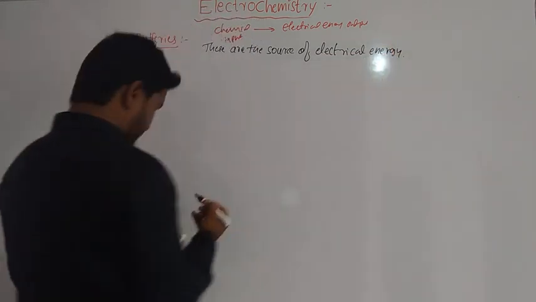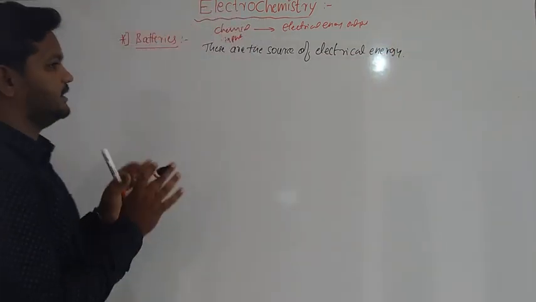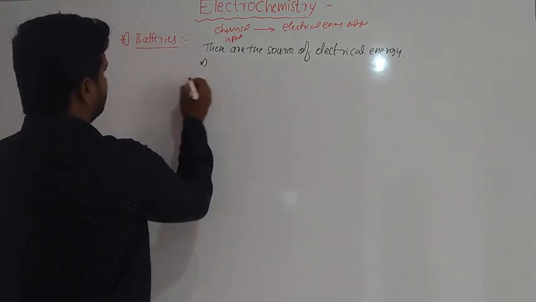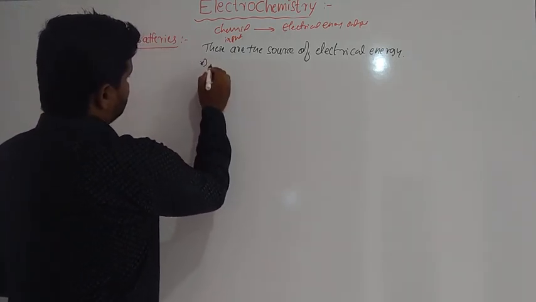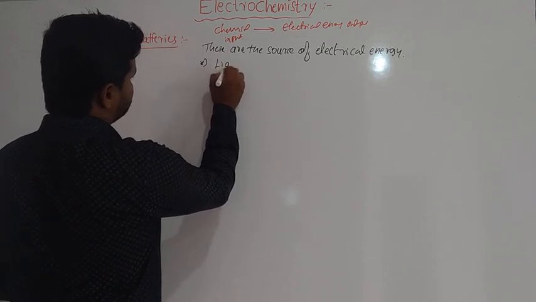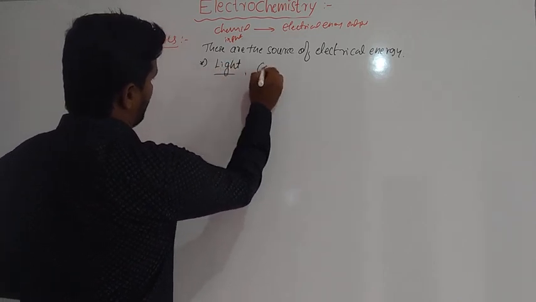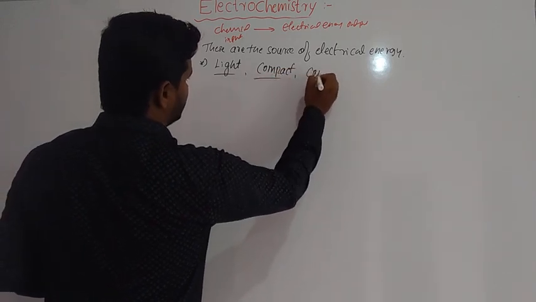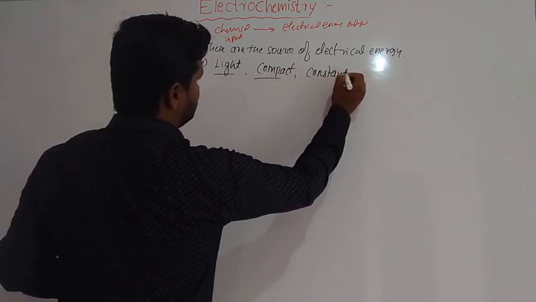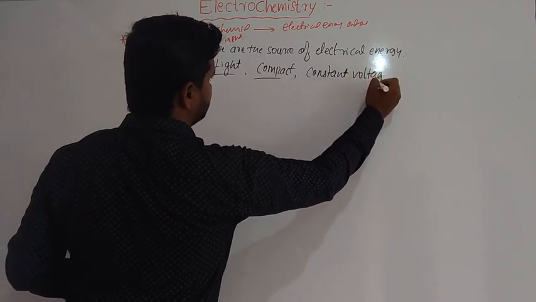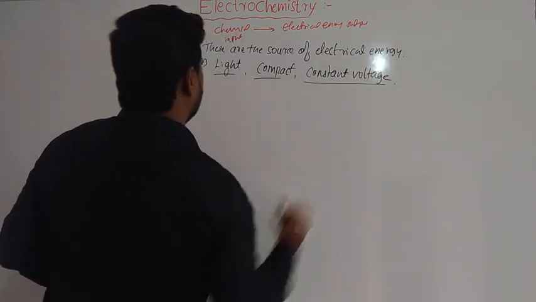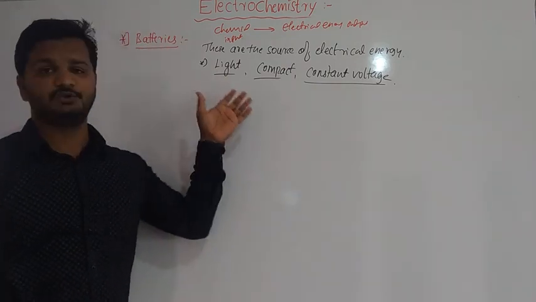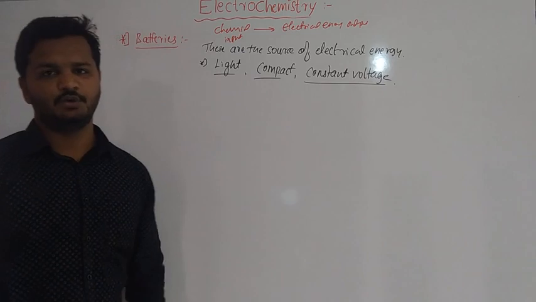And students, batteries should have some common characteristics. First, batteries should be light in weight, compact, and have a constant voltage.